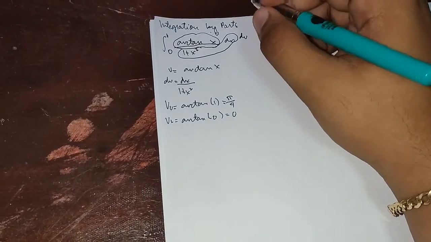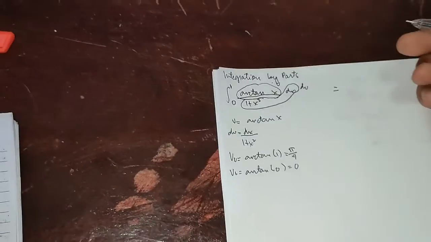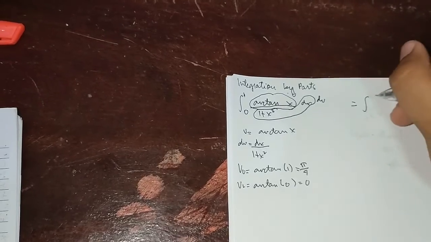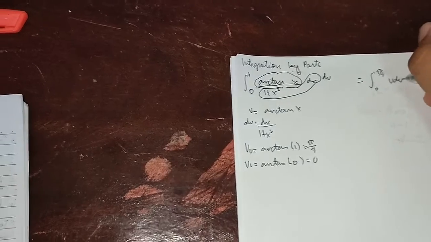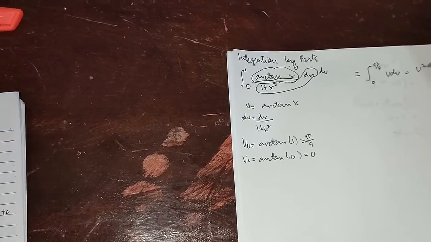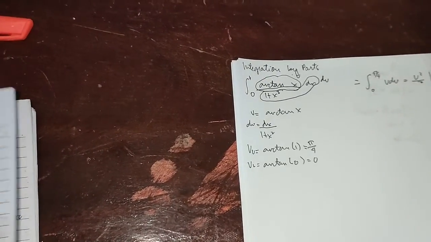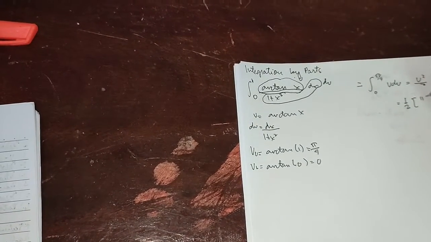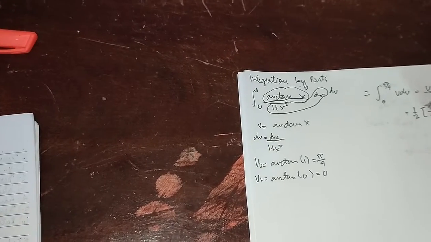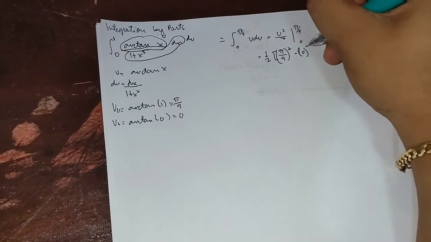Now we can answer this. It equals the integral from 0 to pi over 4 of u du, equals u squared over 2 from 0 to pi over 4, equals 1/2 times pi over 4 squared minus 0 squared.